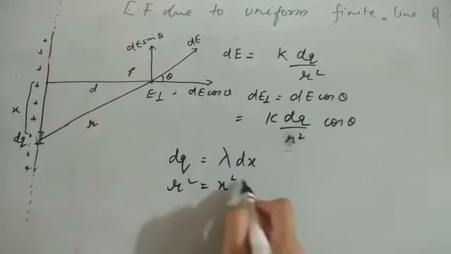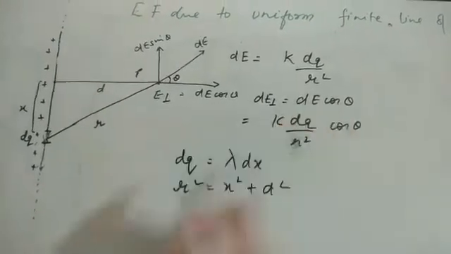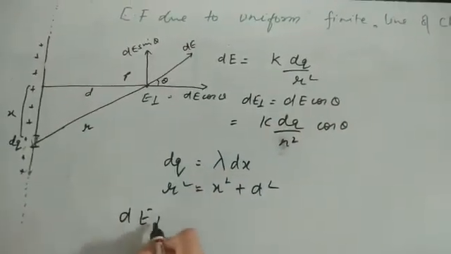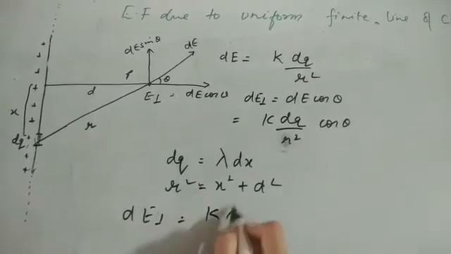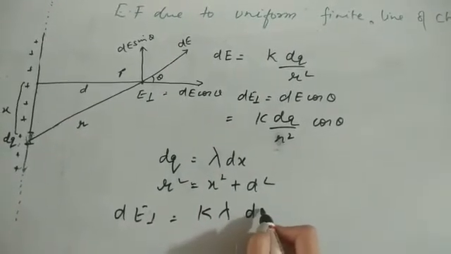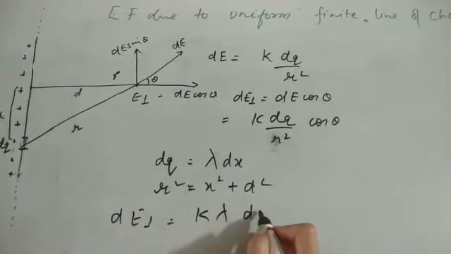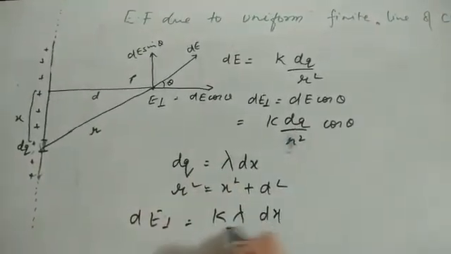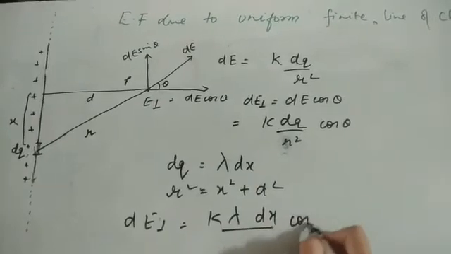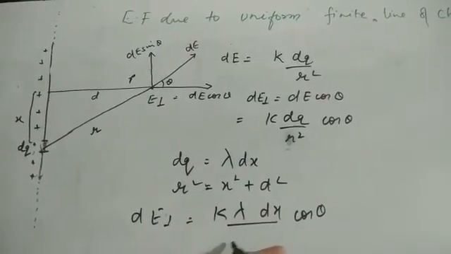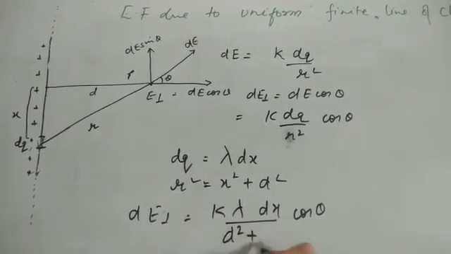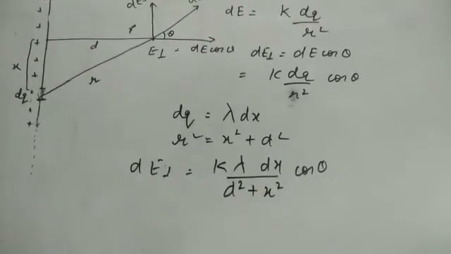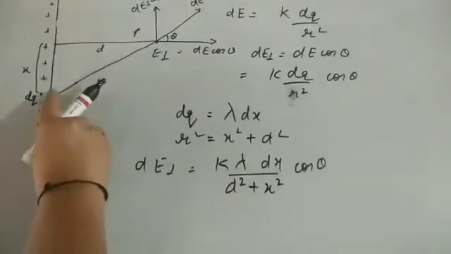Now if I substitute here, we have the perpendicular component as k lambda dx cos theta upon d square plus x square, right?